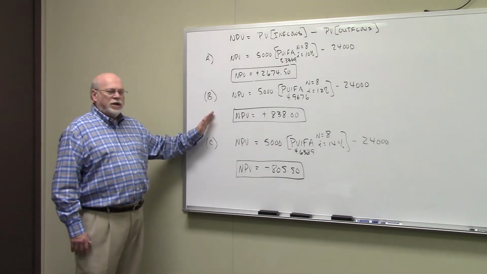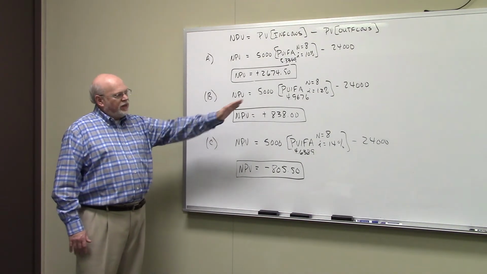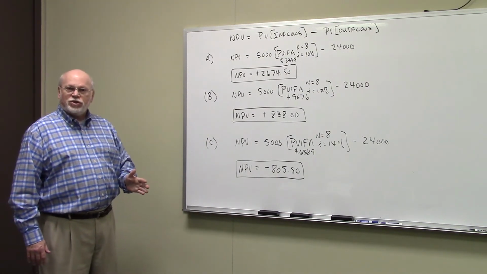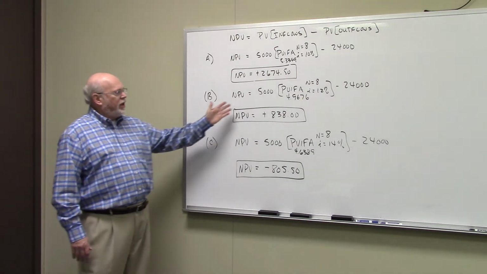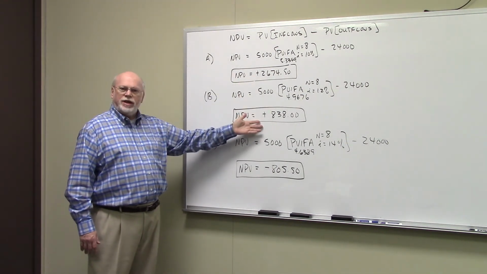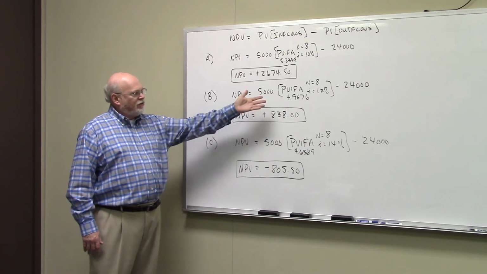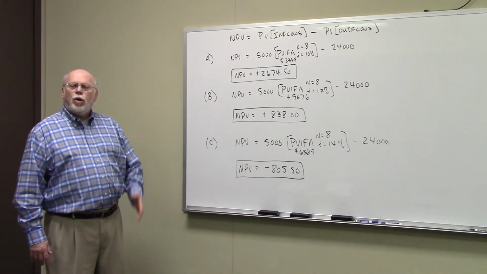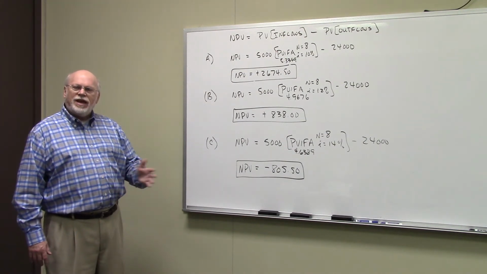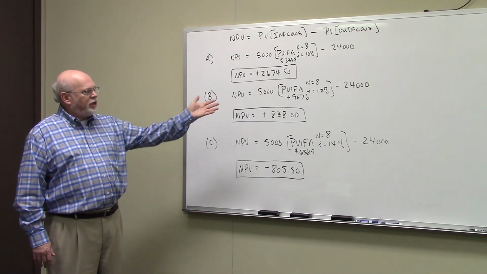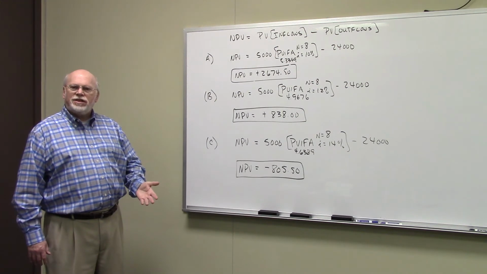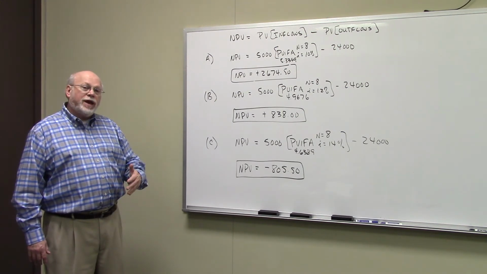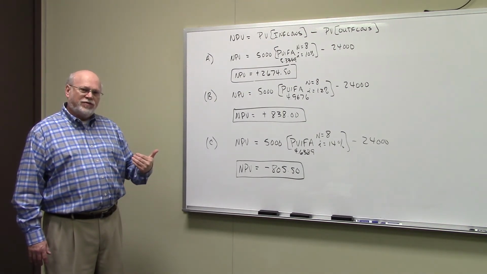Now, in the B part, same problem, but they've increased the cost of capital to 12%. And what you see here is a reduction in net present value. To find the net present value in the B part, you take 5,000, multiplied by your PVIFA at 8 and 12%, which is 4.9676. Multiply that interest factor times 5,000.